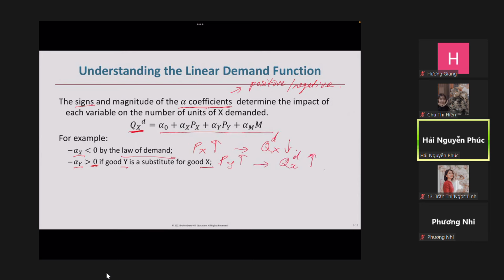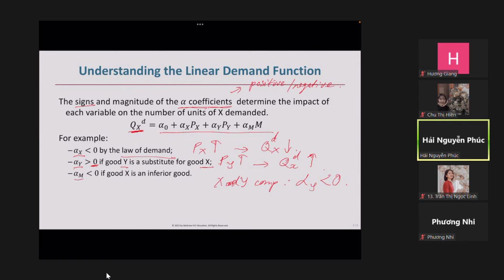And of course, if X and Y are complements, then we expect that alpha Y to be negative. If the price of good Y increases, the quantity demanded for good X decreases, right?